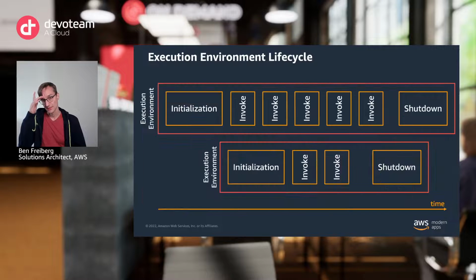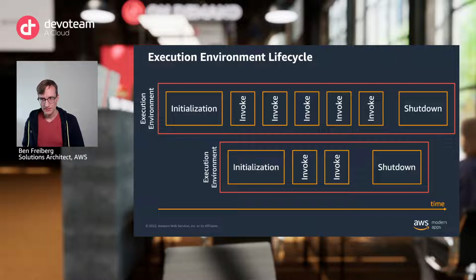Let's give an example here. Here we have two execution environments. The first request looks at whether there's any execution environment already present. There is none, so it triggers the provisioning of the first execution environment.